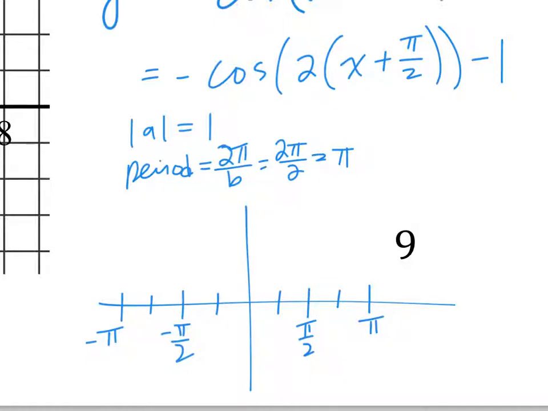Are we going to go left or right? Left or right? Left by how much? Pi over 2. So what we want to do is draw the new axis at pi over 2. Okay? Next, do we have any vertical movement? Yes. Down 1. Okay, so we are going to go down 1. So I'm going to make some marks here.